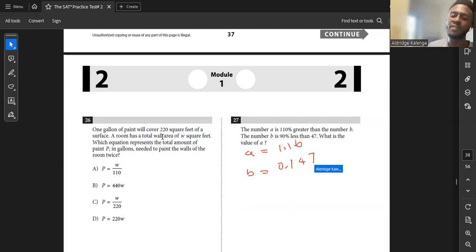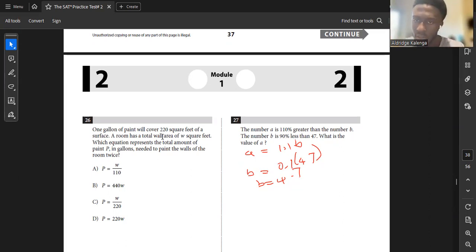What is the value of A? So you find 0.1 of 47, which is just playing with your decimals. You just move the decimal. So that's 4.7. So B is 4.7. And A is 1.1.